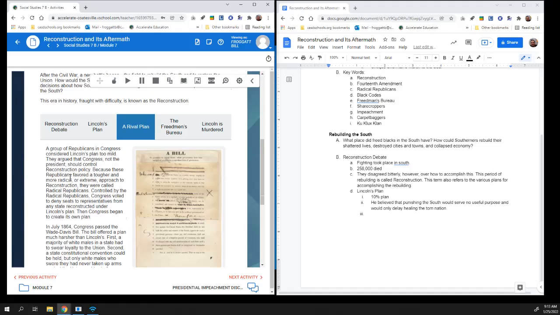So Congress should have been in control of where the money went. That's why they argued they should be in control of Reconstruction policy. And then they favored a tougher and more radical approach. So let's now add, okay, let's go down to E, radical Republican plan.